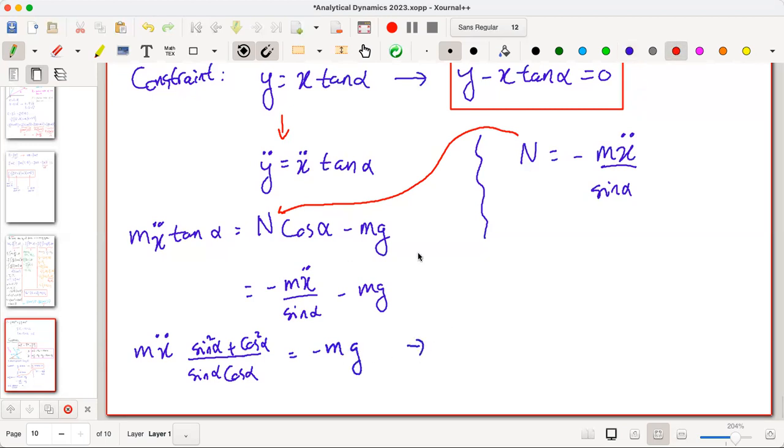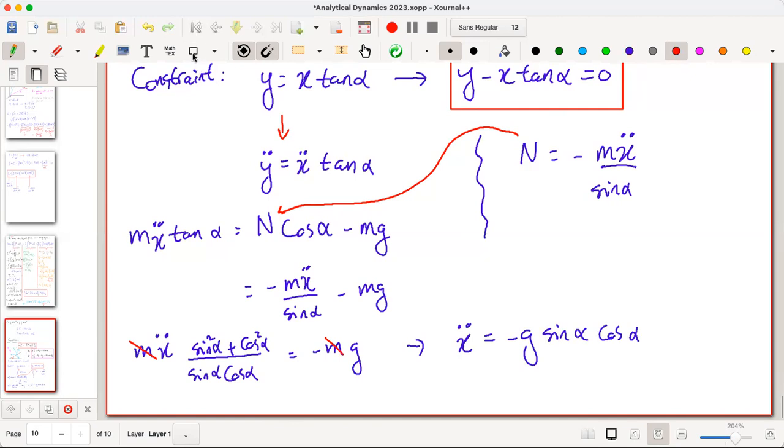We can easily cancel the m, and this numerator becomes 1. So what is left is that x double prime is just minus g times sine alpha times cosine alpha.